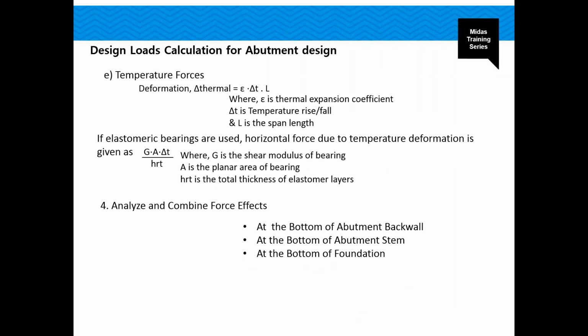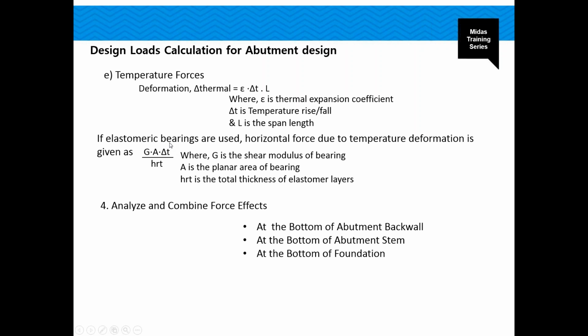Again, the temperature loads due to the expansion and contraction of the superstructure are considered by calculating the thermal deformation. So the thermal deformation is given by epsilon delta T into L, wherein epsilon stands for the thermal expansion coefficient, delta T is the temperature rise or fall, and L is the overall length of the bridge superstructure.